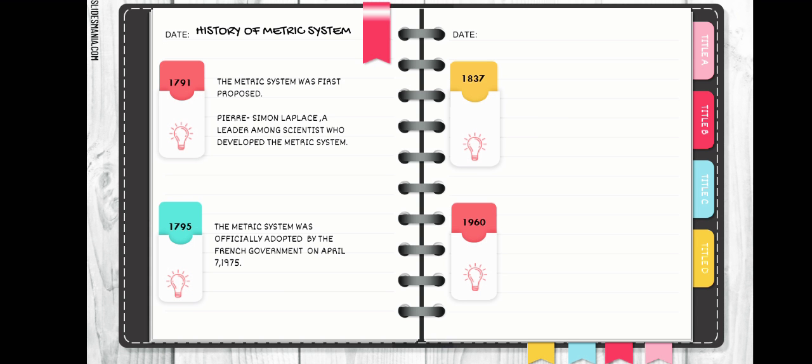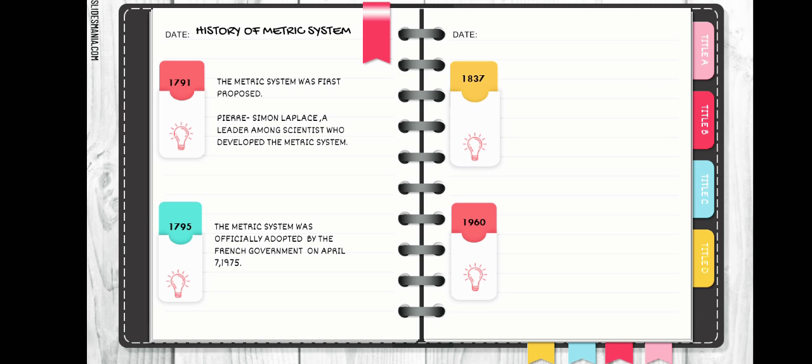And during 1785, it was officially adopted by the French government. But before they adopted it, they did some process to validate its credibility and if it is really useful.